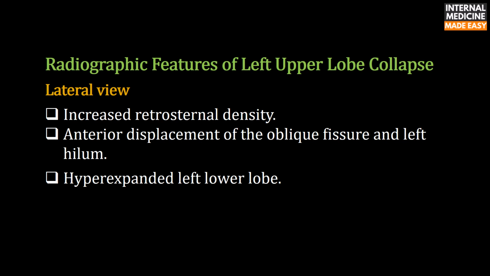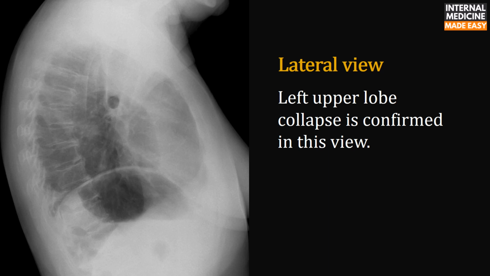In the lateral view, there is increased retrosternal density, anterior displacement of the oblique fissure and left hilum, and hyperexpanded left lower lobe. Left upper lobe collapse is confirmed in the lateral view.